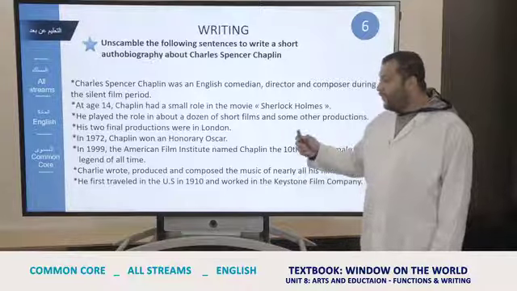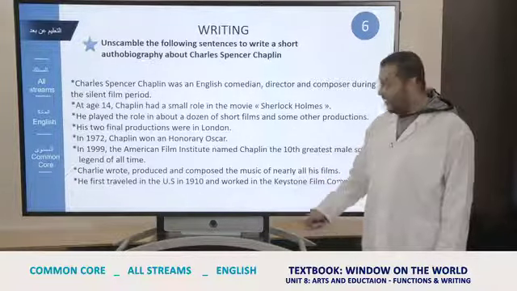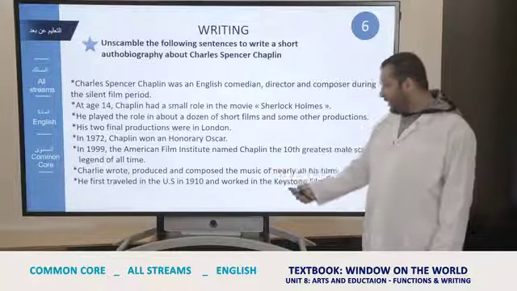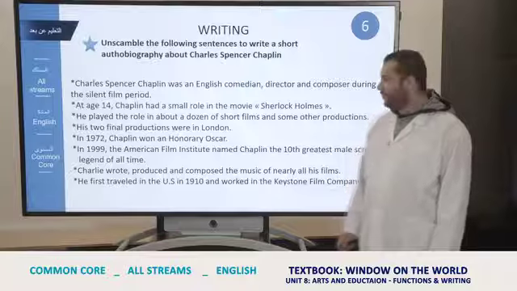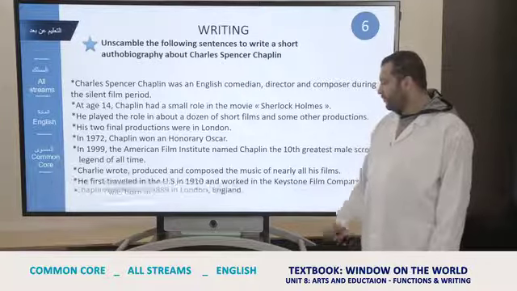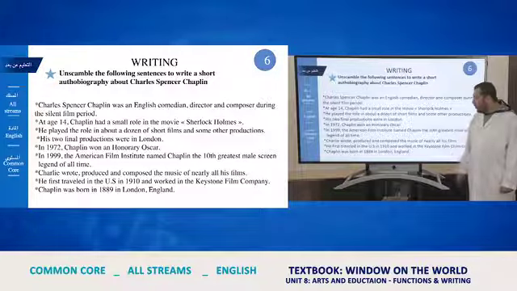Then, he first traveled in the US in 1910 and worked in the Keystone Film Company. The last sentence is, Chaplin was born in 1889 in London, England.